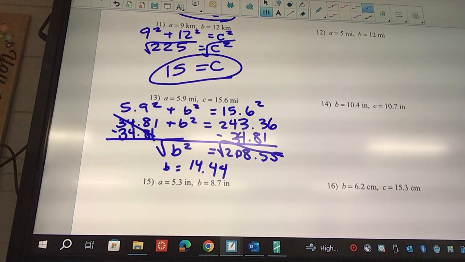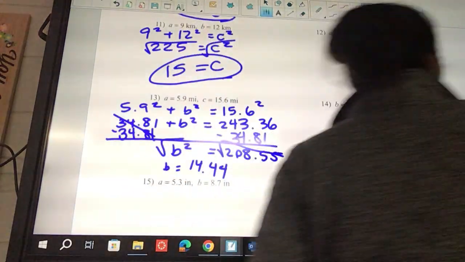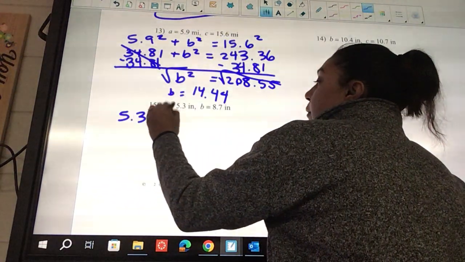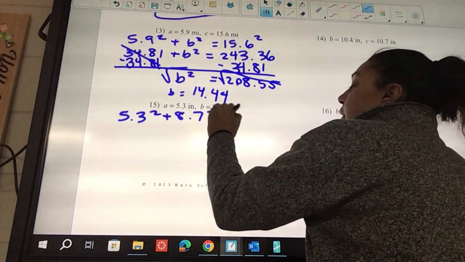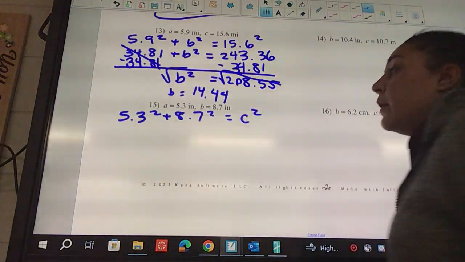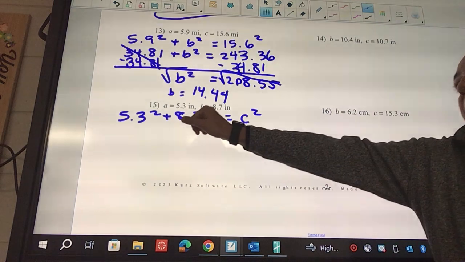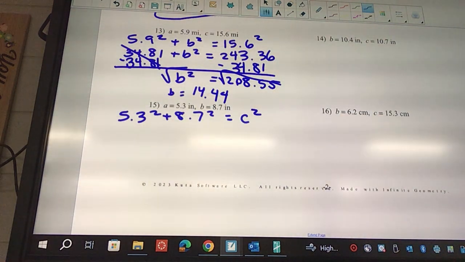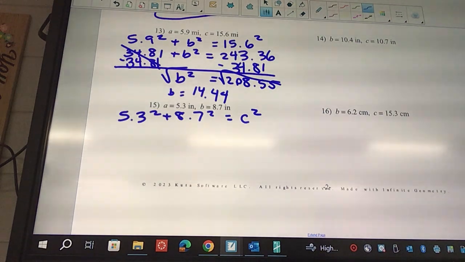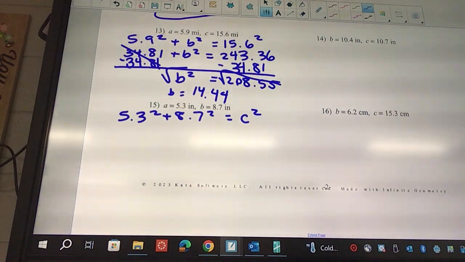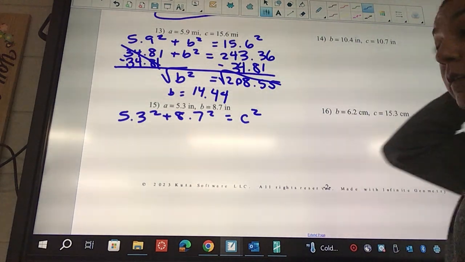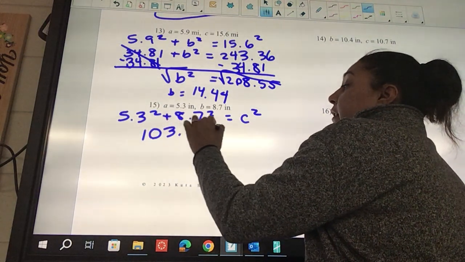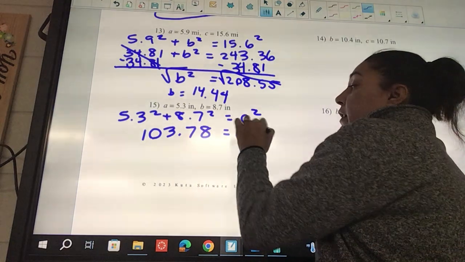Okay, 15. I know my A and B, the C is what's missing. Okay, so it's going to be 5.3 squared plus 8.7 squared equals C squared. Okay, and again, on these ones, you can just type this whole part in. It's 5.3 squared plus 8.7 squared. Okay, you can do them separate, but it's not needed. 103.78 equals C squared.